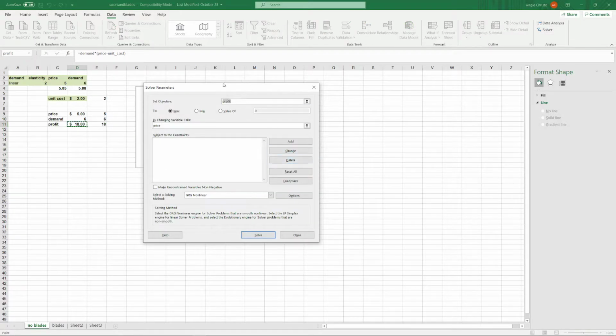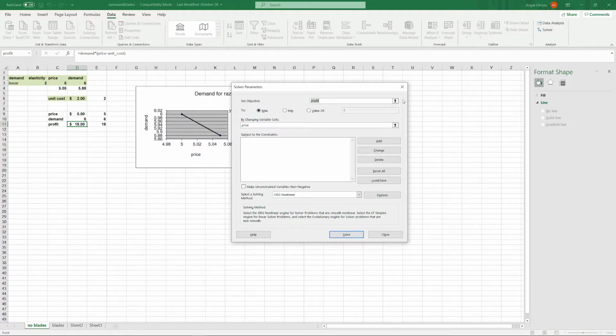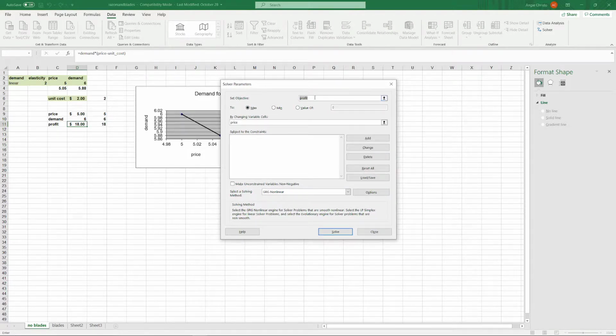So we go to Solver here, and because it's already been solved, it's already populated here, but of course we would need to go ahead and say what we're trying to do, okay? So what we are asking Solver to do for us is to find what was the initial question, the profit maximizing price, right? That's what we're looking for.